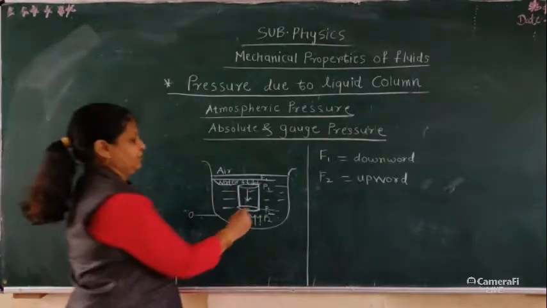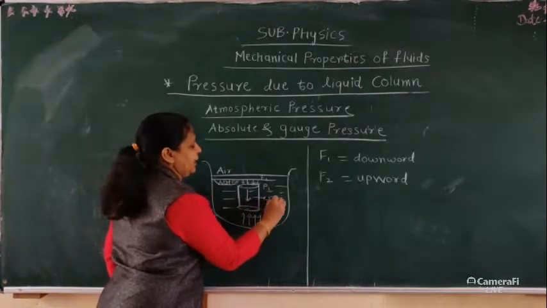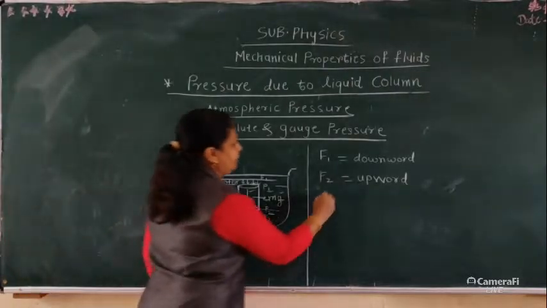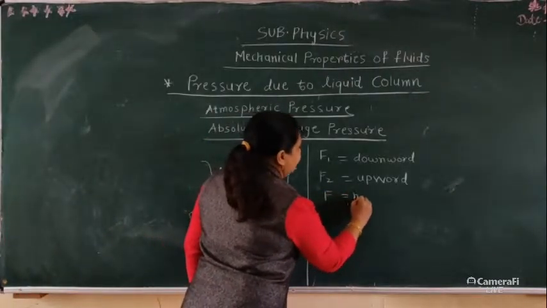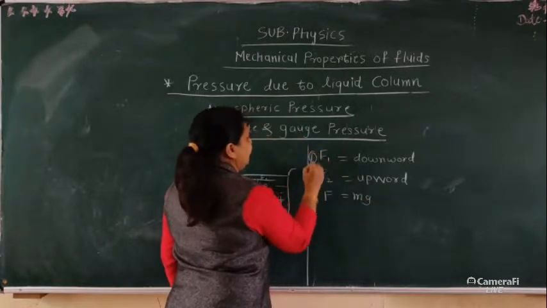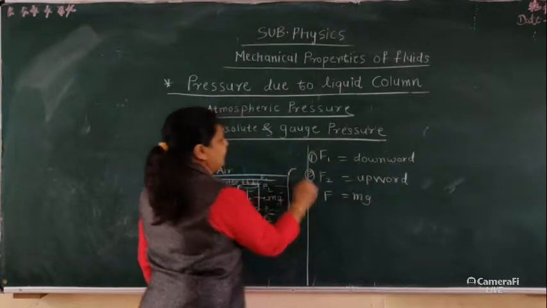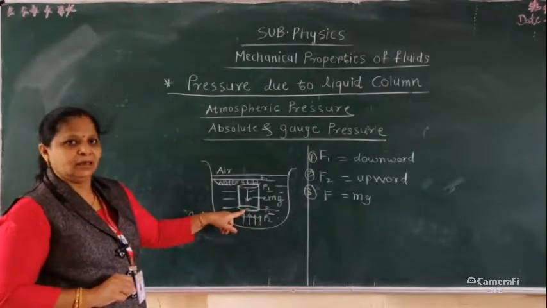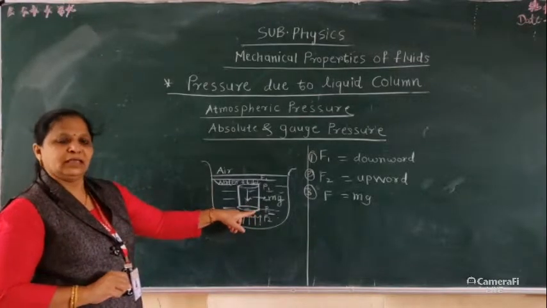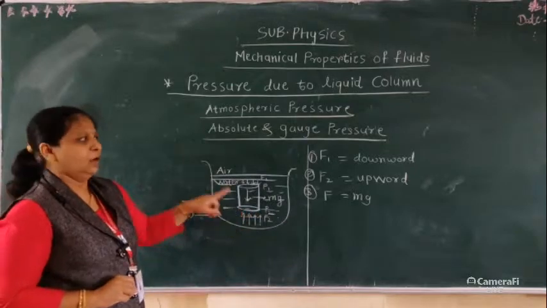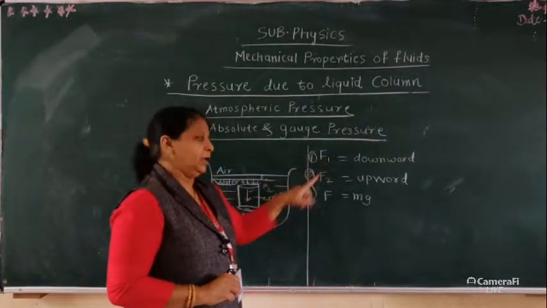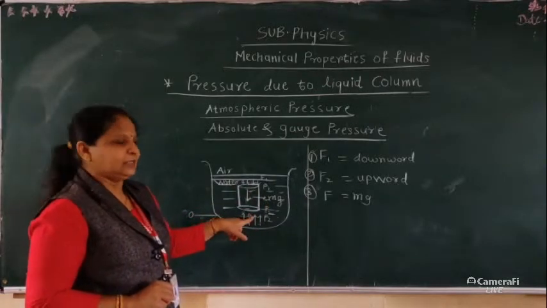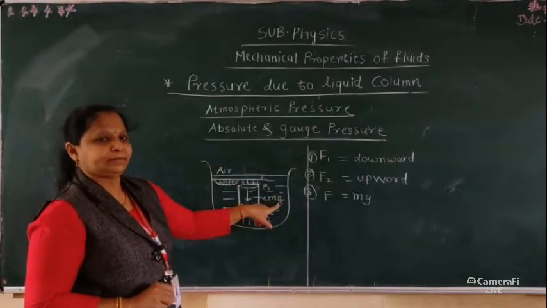So this force is mg. Three forces act on the cylinder: F1 in downward direction, F2 in upward direction, and mg.